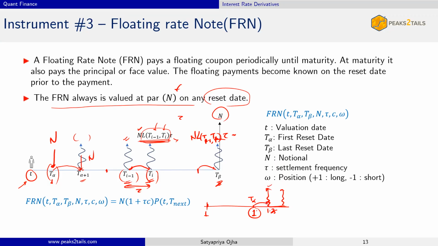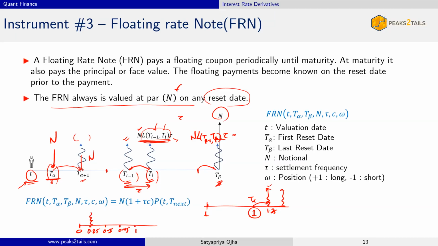But it could start right away also. So T alpha can coincide with T, and it becomes like a spot floating rate note. In that case, the first payment would be known at T. For example, the floating rate bond today is here. So this is 0. I'm just forgetting about small t. 0.25, 0.5, 0.75, 1.